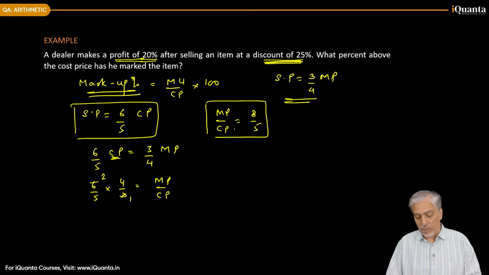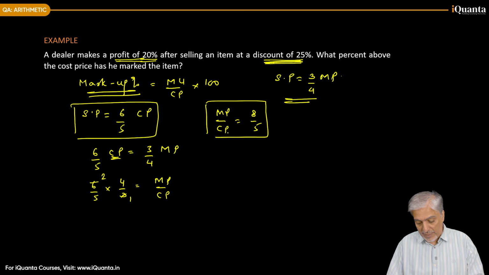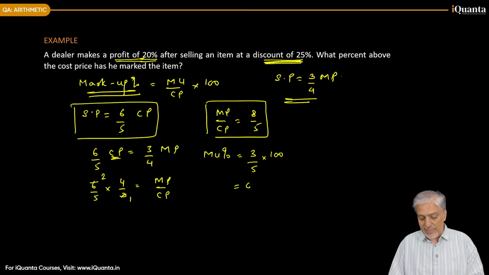Basically, if the cost price of the product is 5, the mark price of the product is 8. That means the markup is 3. So markup percentage, according to this formula, will be 3 upon 5 into 100, which will be 60%.